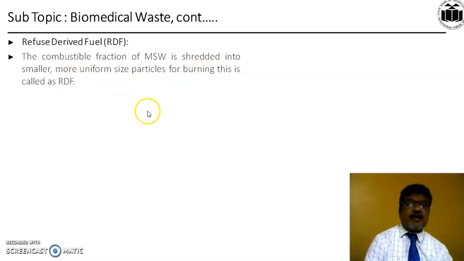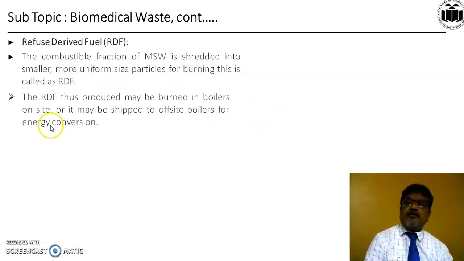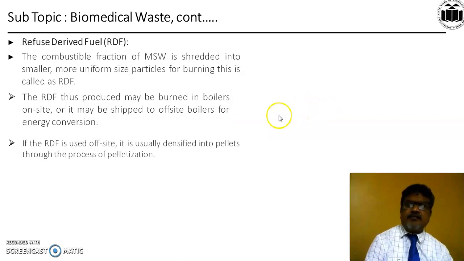This is called as RDF. So RDF thus produced may be burned in the boilers on site or it may be shipped to off-site boilers for energy conversion. This RDF is used in boilers, either it will be on-site or off-site for energy conversion.